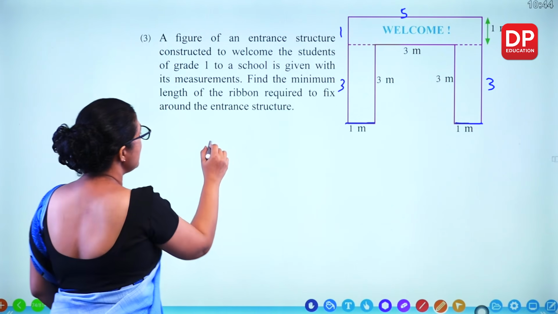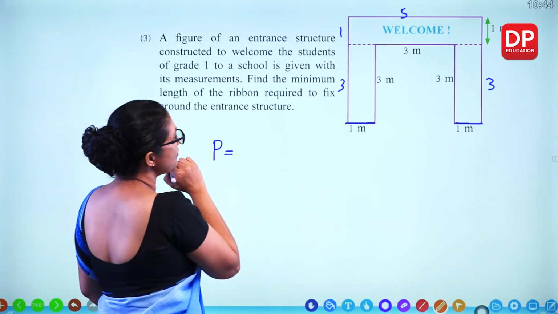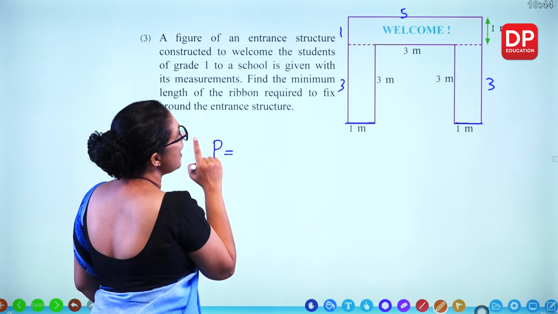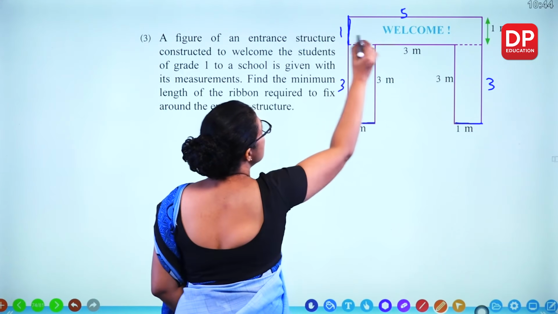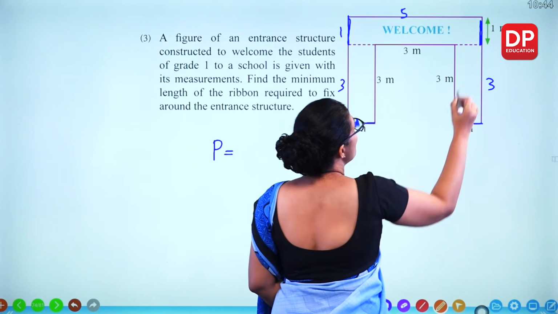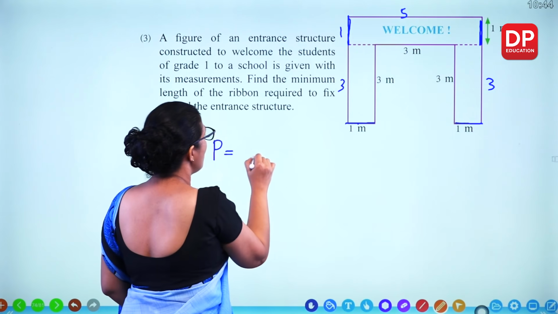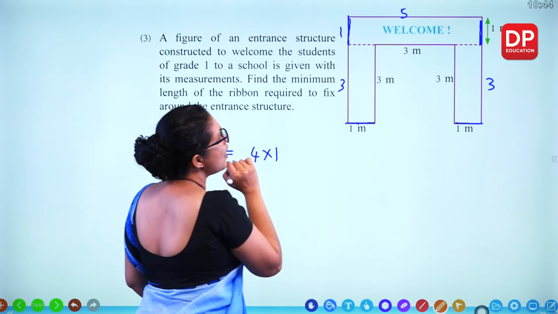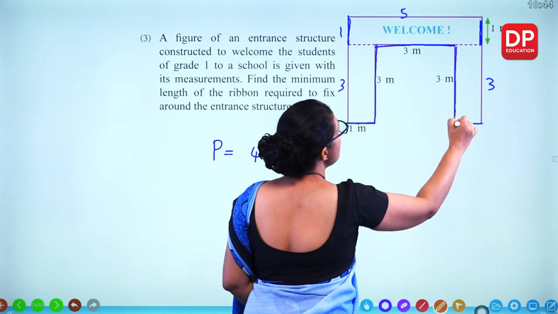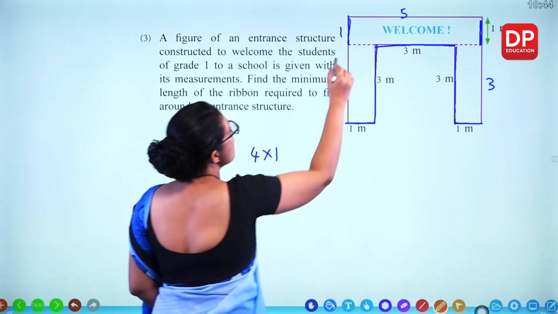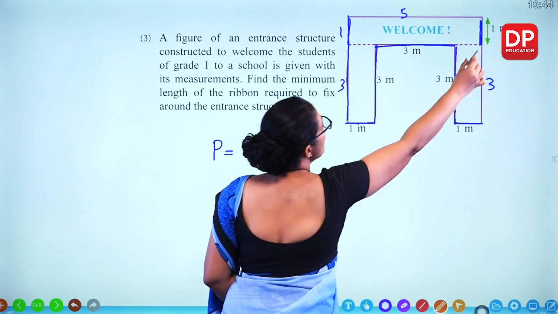Now we'll find the perimeter. You can add. How many ones are there? 1, 2, 3, 4. 4 times 1. How many 3s? 1, 2, 3, 4, 5.